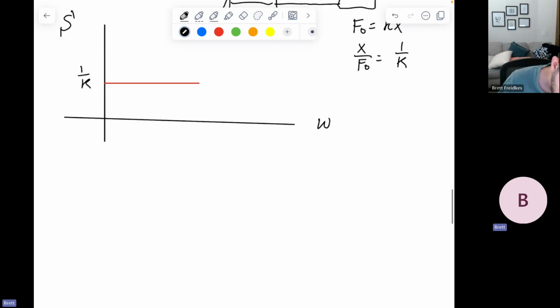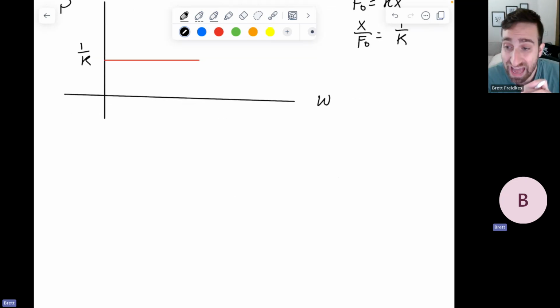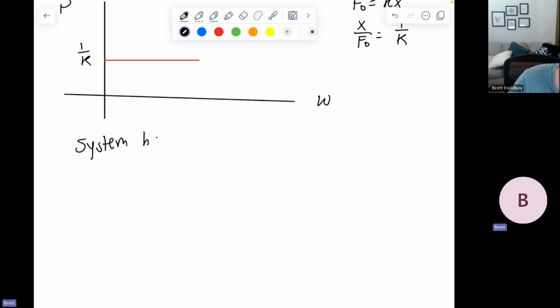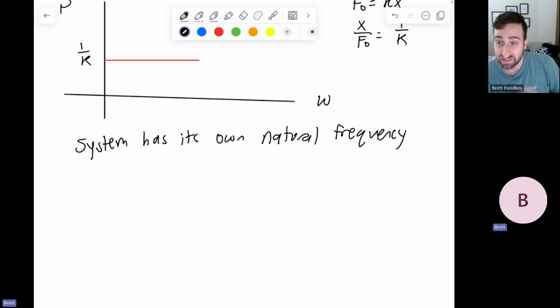Okay? In terms of vibrations, if we have this spring mass damper system that is now being excited by a sinusoidal force, the system has its own natural frequency that it is excited about. That is what its happy place is.